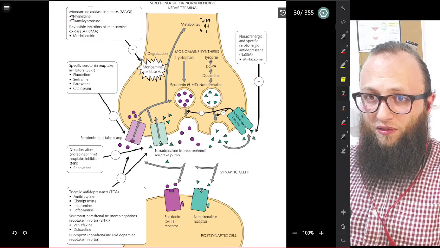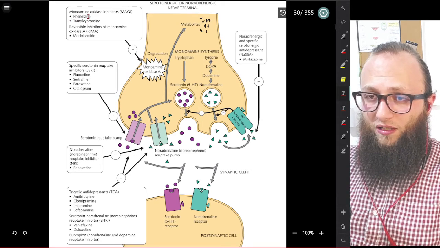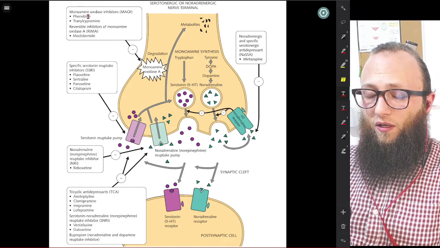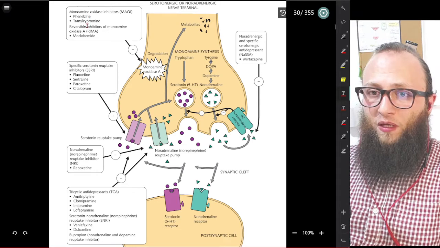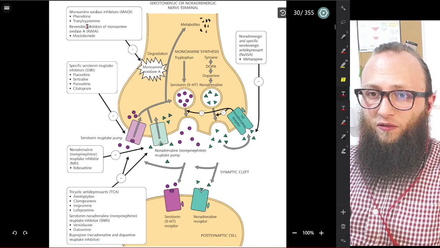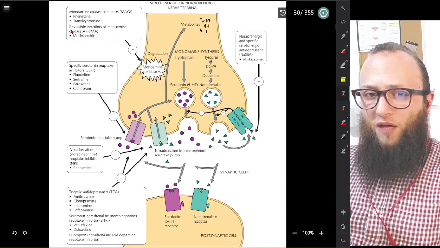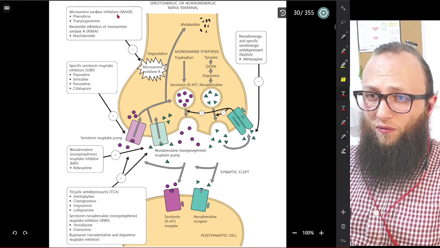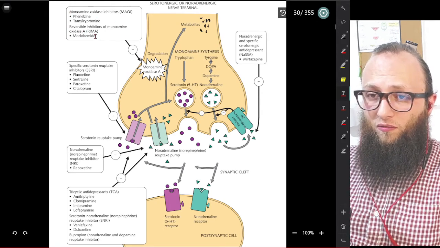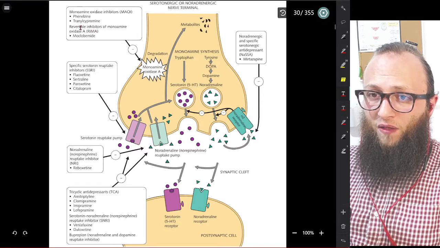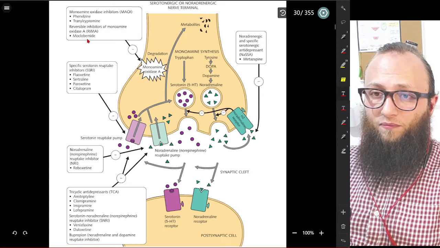We have examples like phenelzine, which is the first monoamine oxidase inhibitor that was used to treat depression. We have tranylcypromine, and these are usually irreversible inhibitors, but we have reversible inhibitors of monoamine oxidase A. We call them RIMA, reversible inhibitors of monoamine oxidase A, like moclobemide.